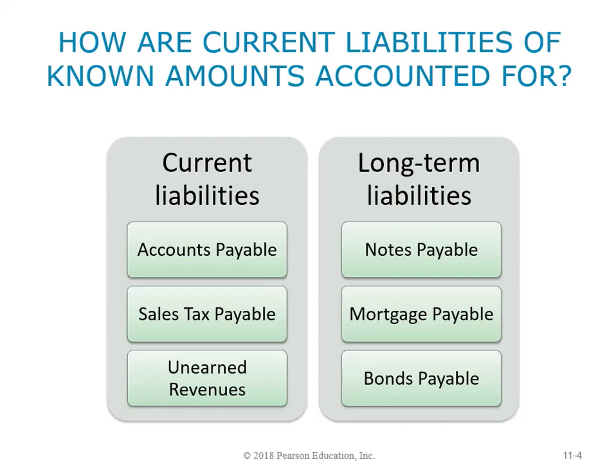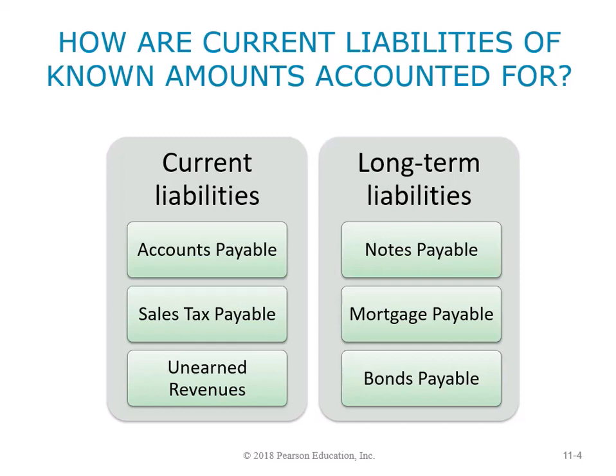Now, one thing that you're going to notice here is that several of these end in the word payable. That's something that I always emphasize to students. Anytime you see a general ledger account with the word payable in there, you immediately know that you're looking at a liability. Now, that's not to say that all liabilities will end with the word payable, but certainly if the account ends with the word payable, you know that it is a liability.